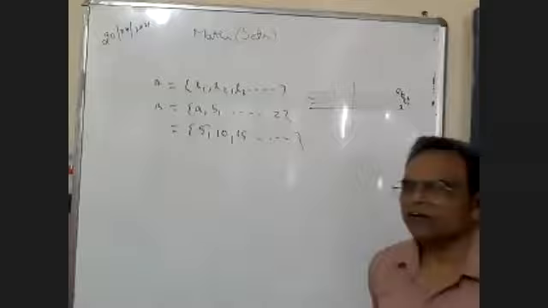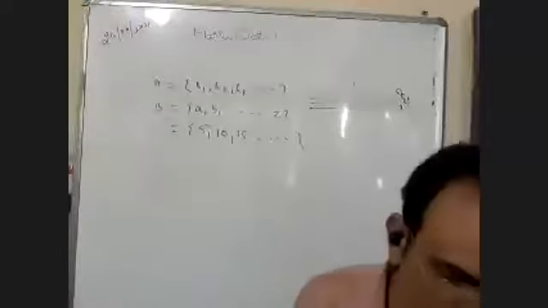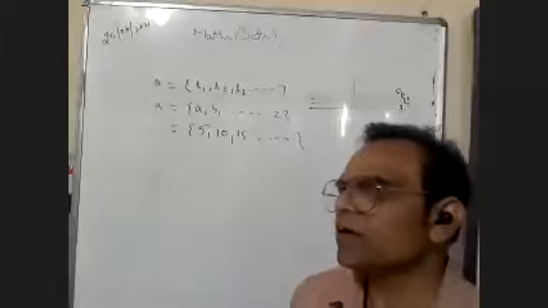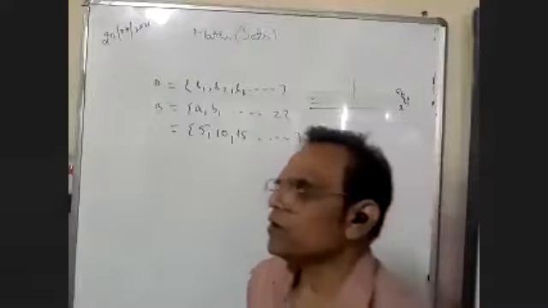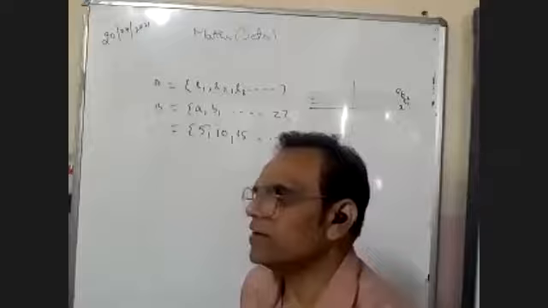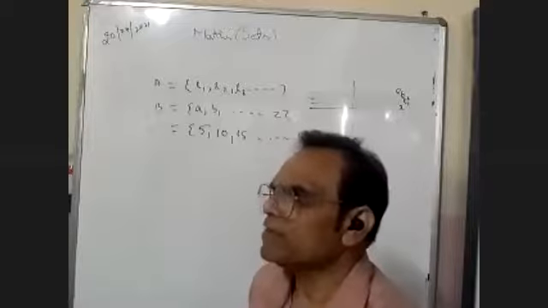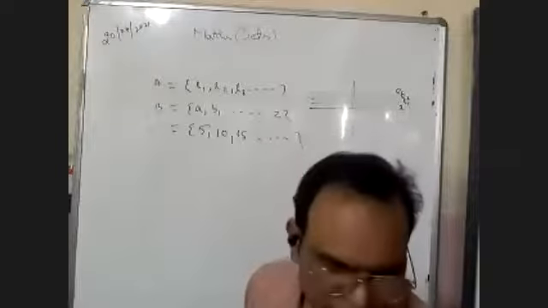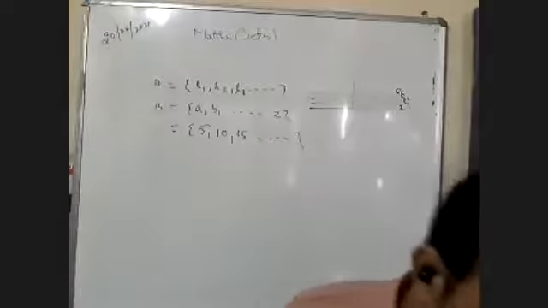To say whether it is finite or infinite, suppose we are saying that it is a limited set of elements, then we can say finite. If at a moment it is infinite, it may be infinite also. It is a biological matter. Both, I think, will be correct answers.